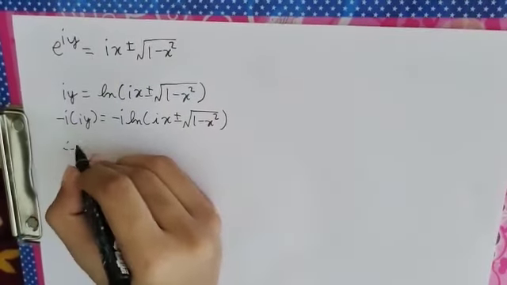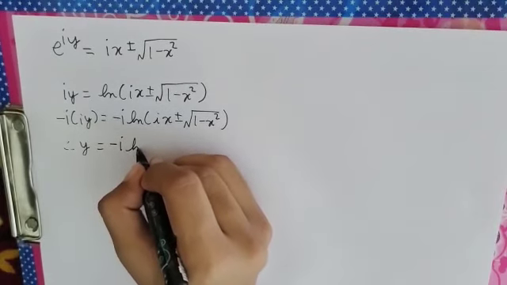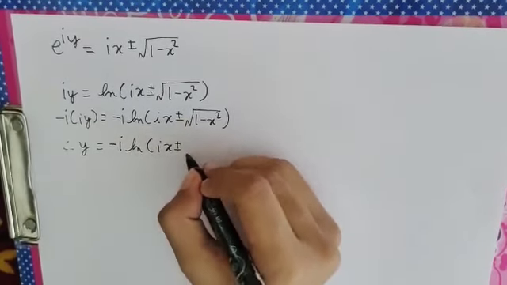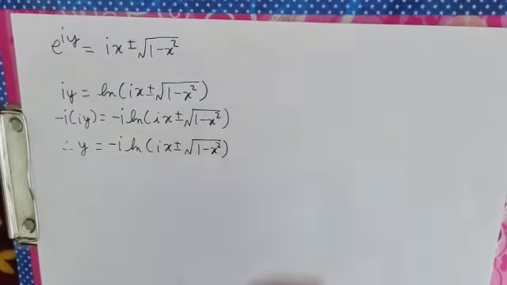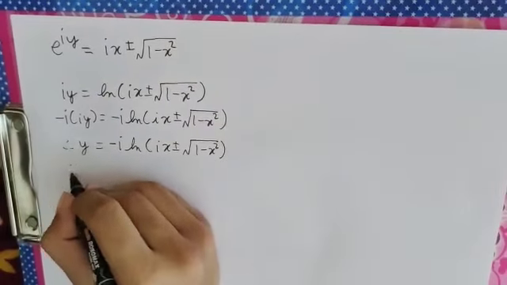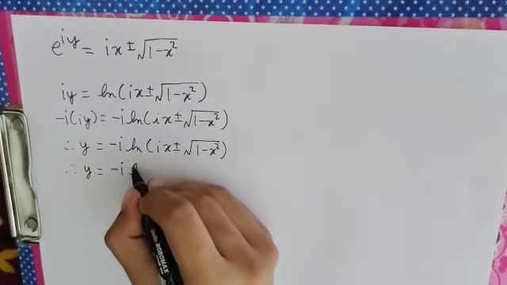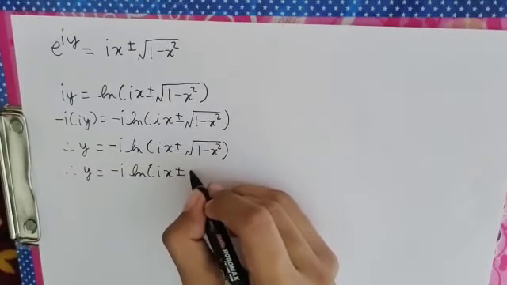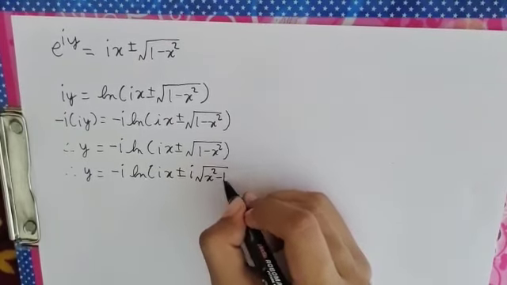Therefore, y is equal to minus i ln of (ix plus minus root of (1 minus x^2)). Therefore, y is equal to minus i ln of (ix plus minus i root of (x^2 minus 1)).